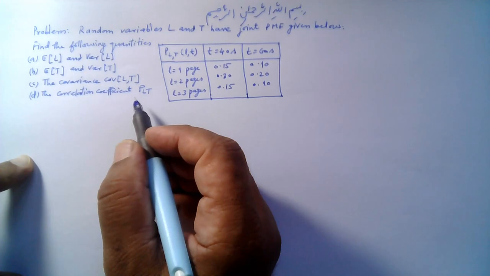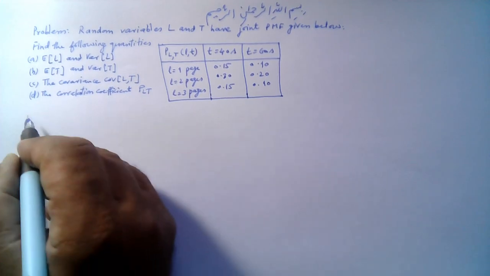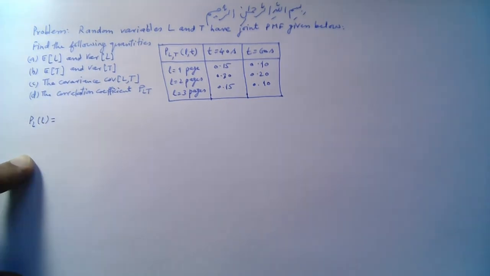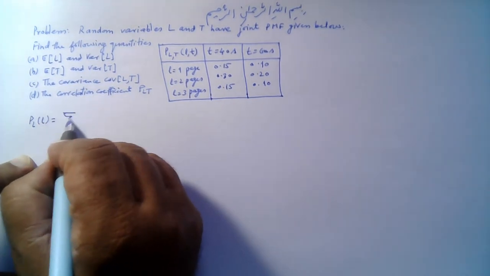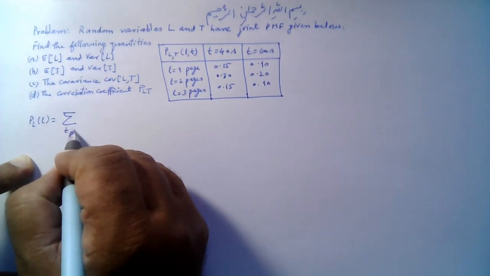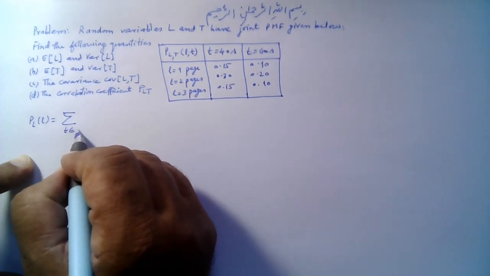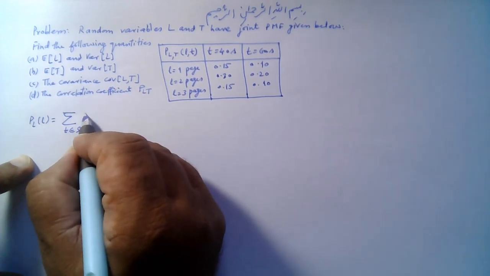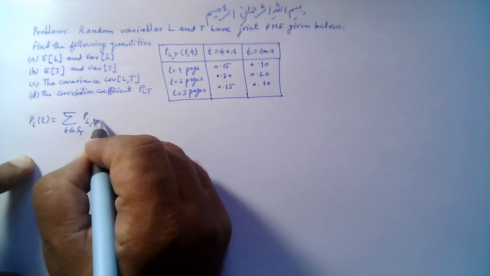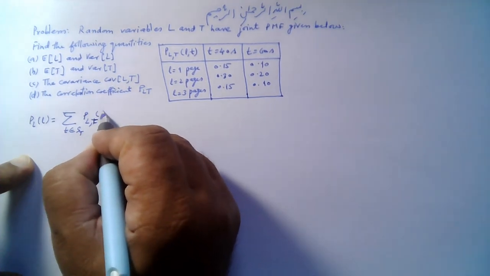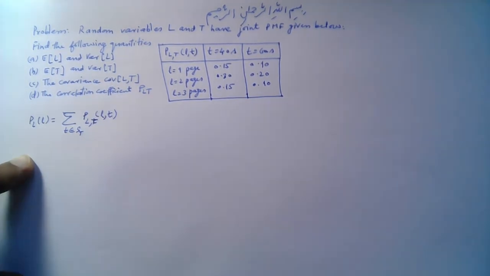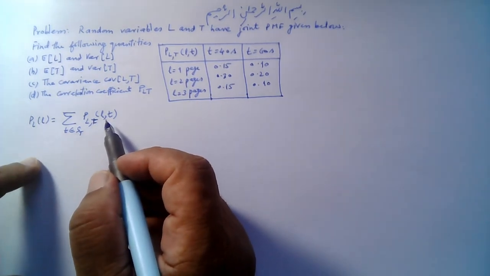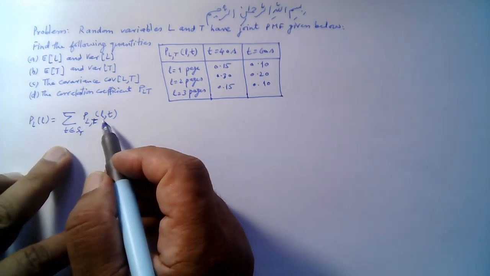So the marginal PMF of random variable, for example L, is given by the sum over all the sample values of T of P of L, T, where this is capital L and T here, right? So we need to add all those probability values of T for a given value of L, right?